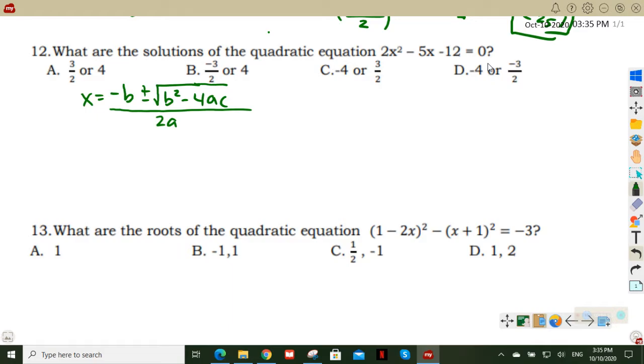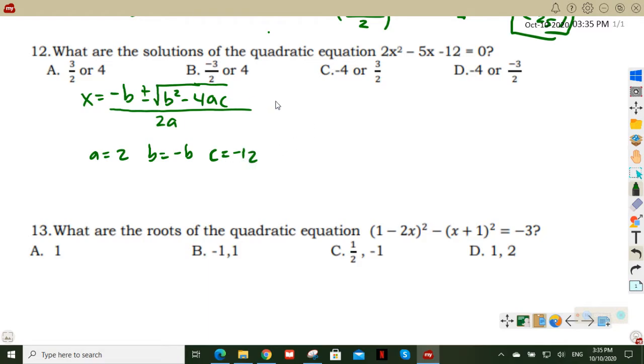Is this standard? Yep, it's equal to 0. So I know my a is 2, my b is negative 5, and my c is negative 12.